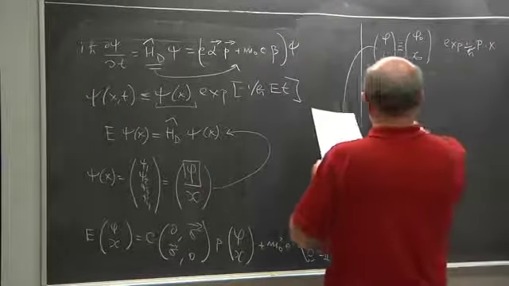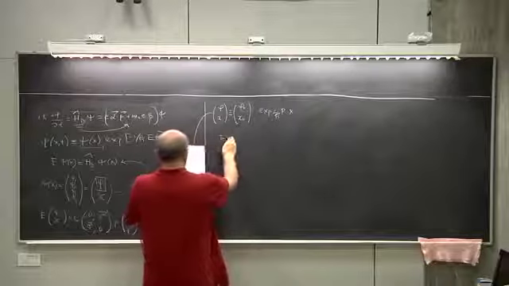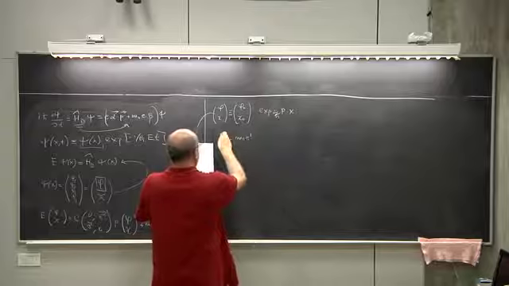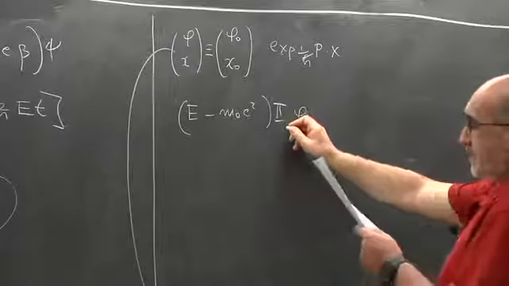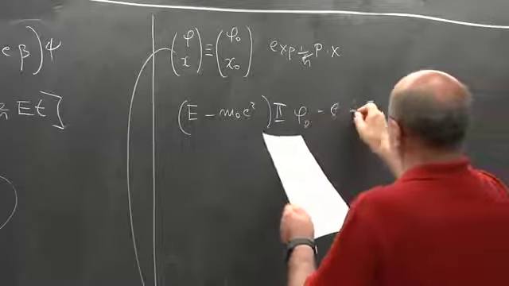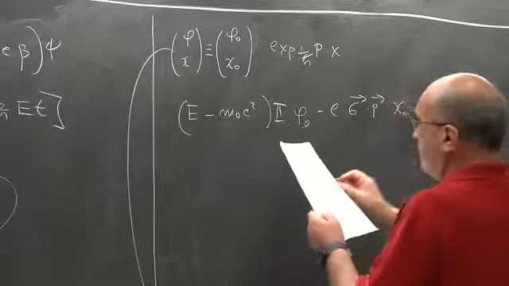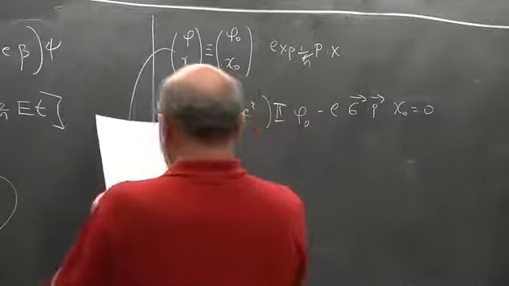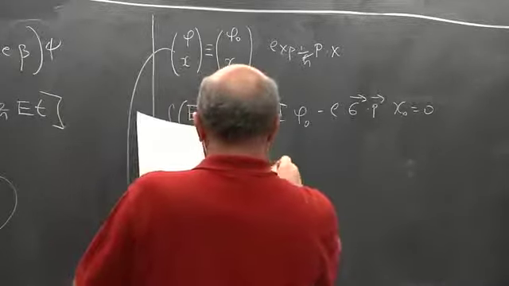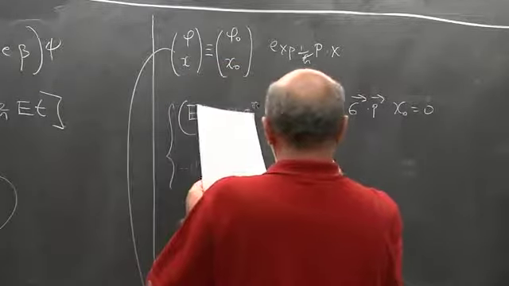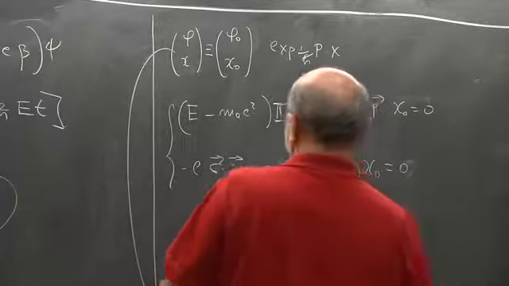Then if you do this, these 2 equations become the following: (E minus m0 c²) I, this is the identity operator in 2 dimensions, phi 0 minus c sigma dot p chi 0 equals 0. And then the other is minus c sigma dot p phi 0 plus (E plus m0 c²) chi 0 equals 0.